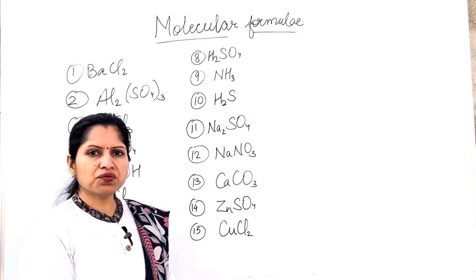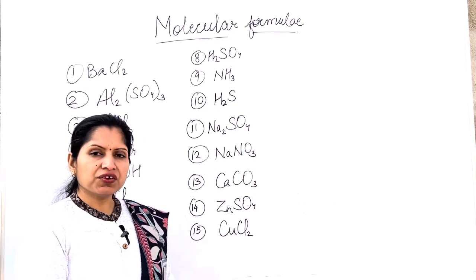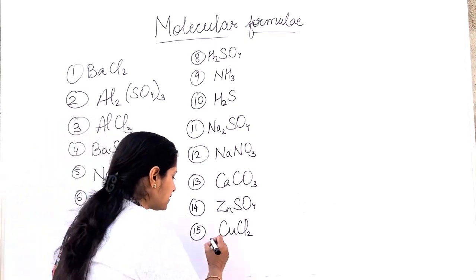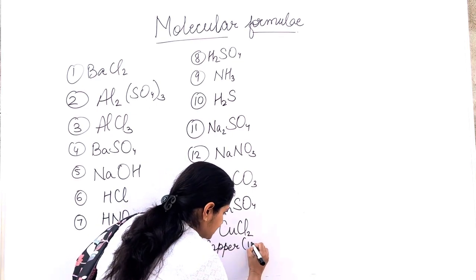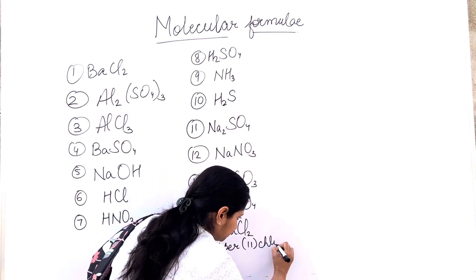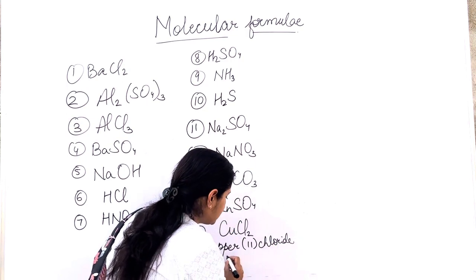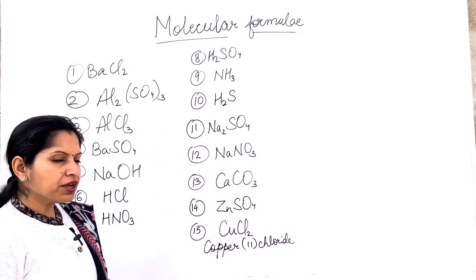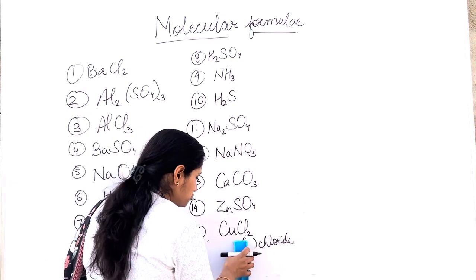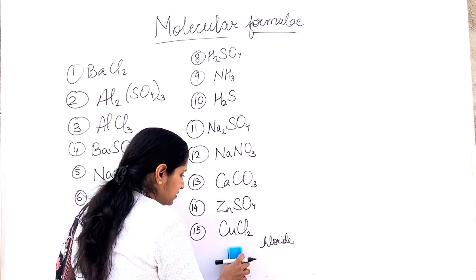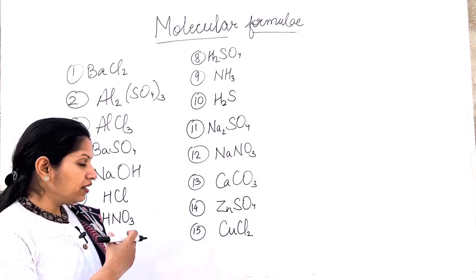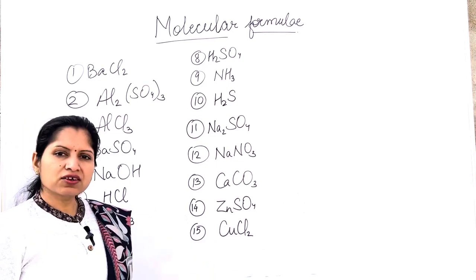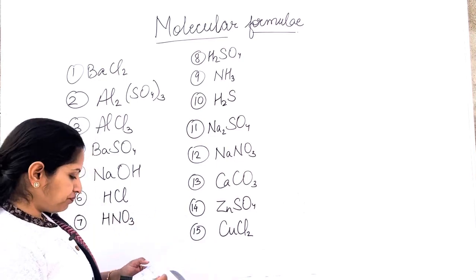Sometimes with compounds of iron and copper, they give the bracket in Roman numerals, copper(II) chloride. That represents the valency of copper here is 2. But even if 9th standard students have made a mistake in this, then it's fine. But for 10th standard students, I hope you are acquainted with that this copper chloride is CuCl2.